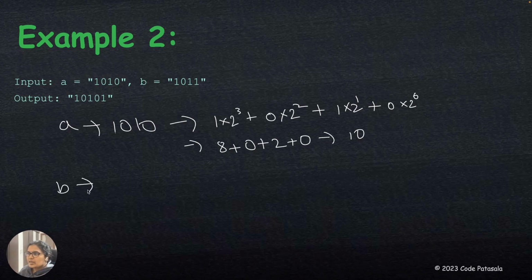Similarly, B is 1011, which would be 11 in decimal notation. So, the answer would be 10 plus 11, which is 21.